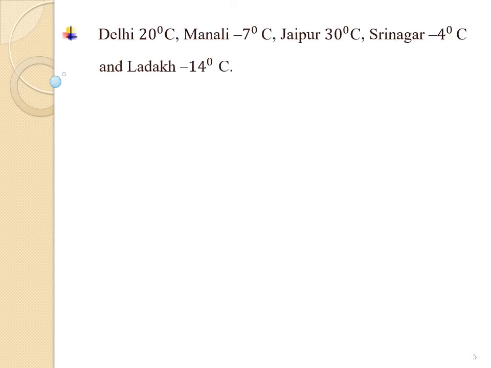And Ladakh, -14 degrees Celsius. Now sum B. Ladakh is the coolest place. Now sum C. In Delhi and Jaipur, the temperature is above 5 degrees Celsius.